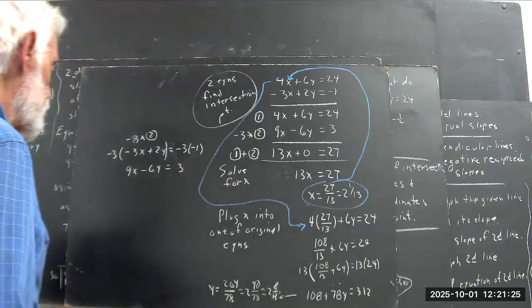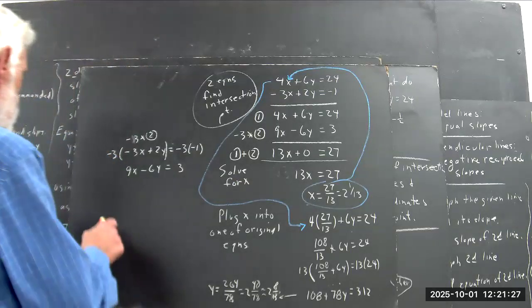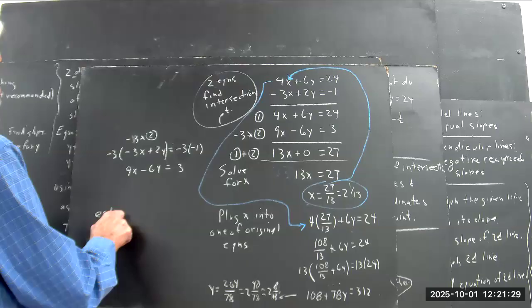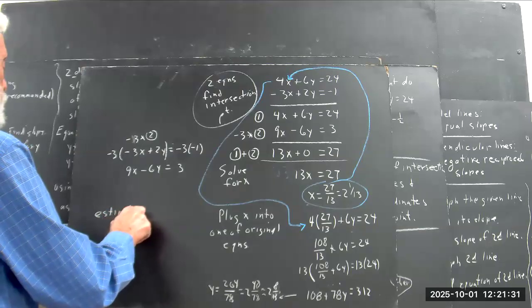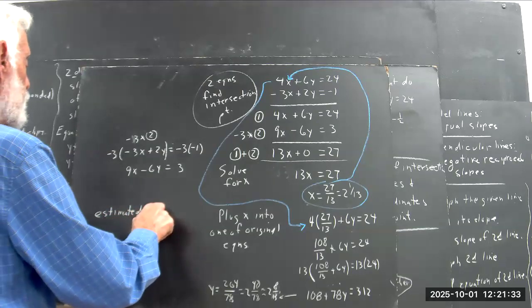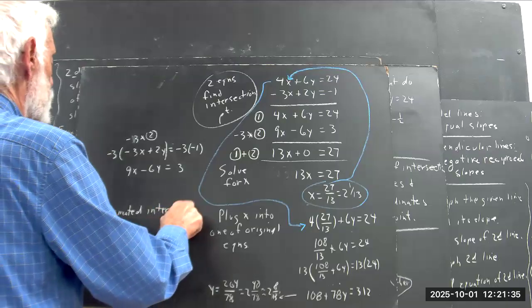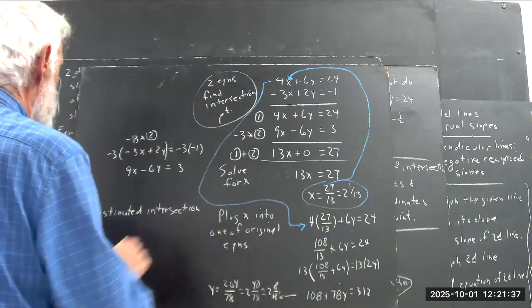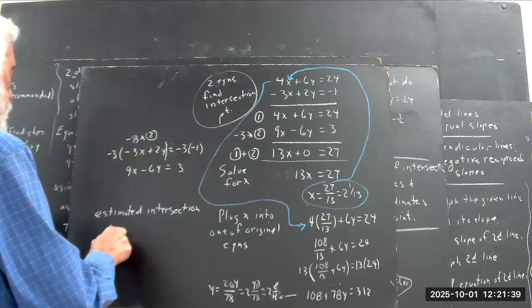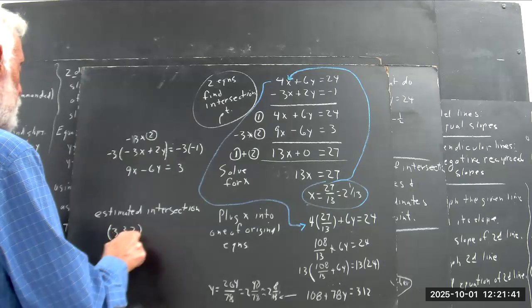What this tells me is, okay, estimated intersection was at 3, 3.2.